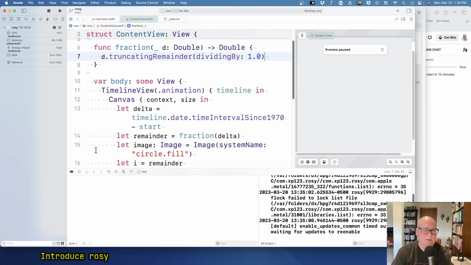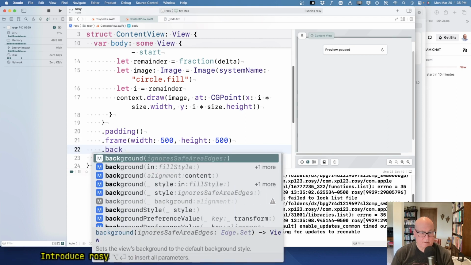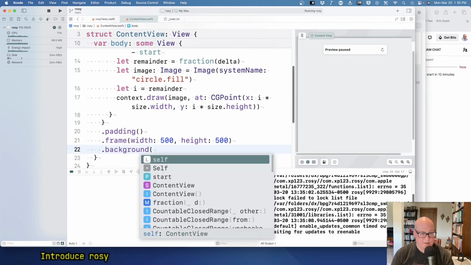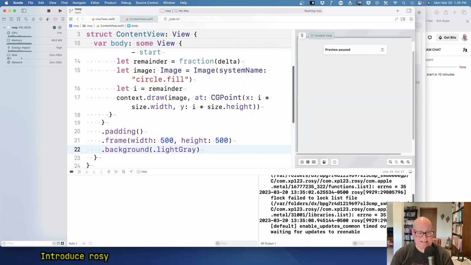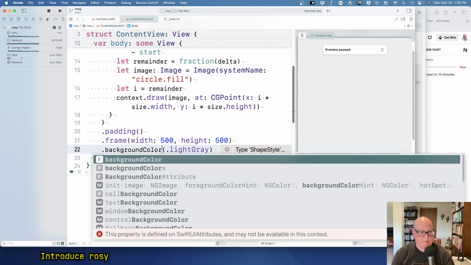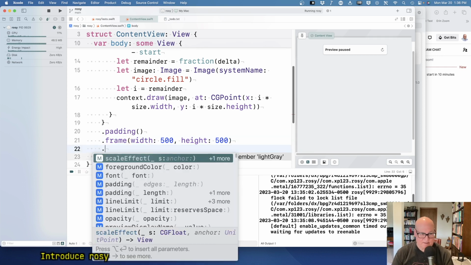I think if we put a color on this, background light gray. Background color. Oh, come on. There's too many of these.